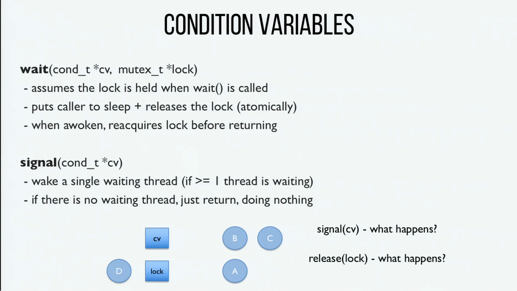That was why we needed that while loop, because we don't know when A is going to wake up. The world might have changed, variables might have changed, between when the signal occurred and when A returned from the wait, because it might have taken a while to grab that lock. That's why it had to check, like the buffers if it's a consumer, to make sure that there really is still something in one of those buffers. All right, any questions about condition variables?